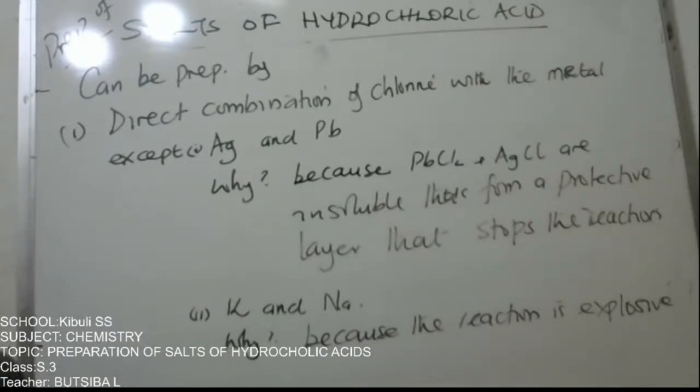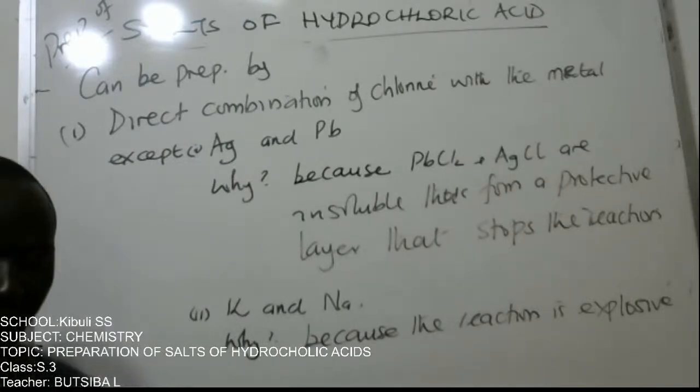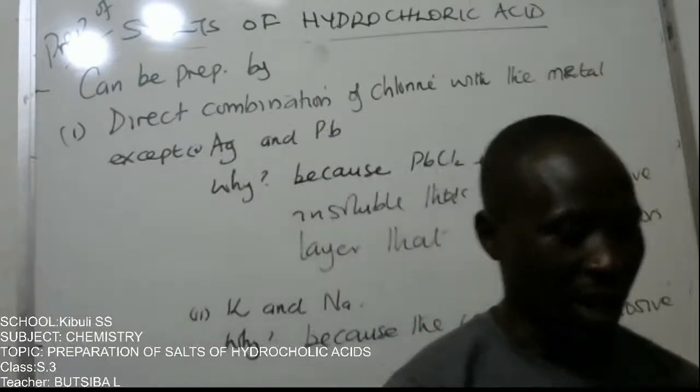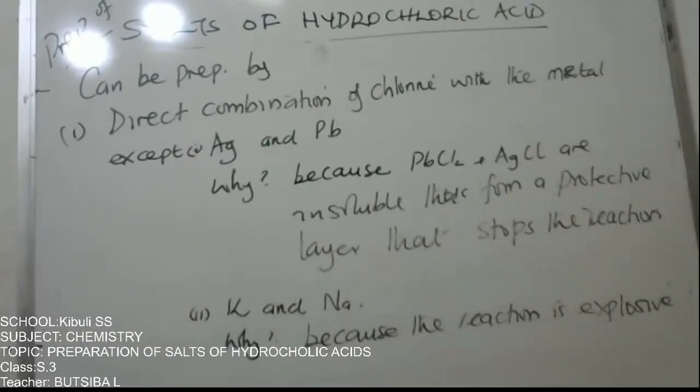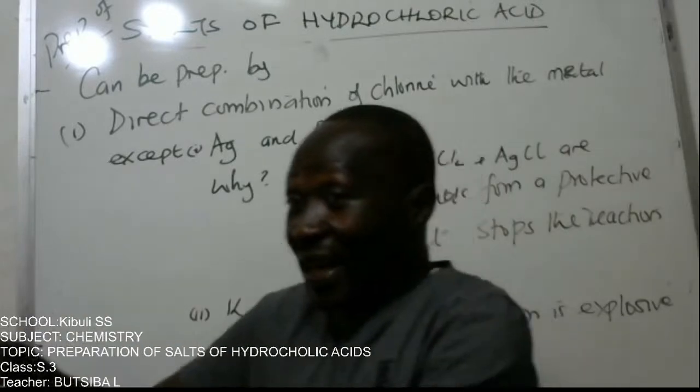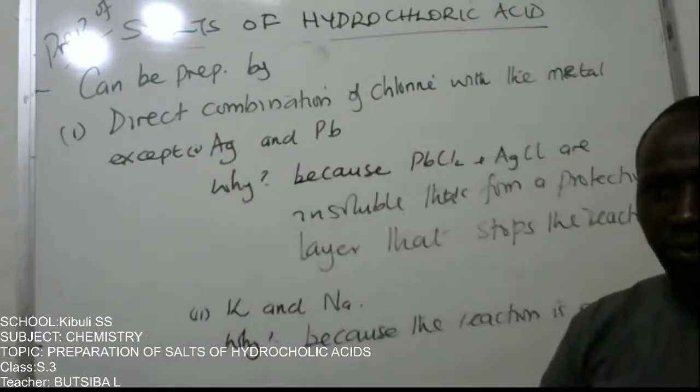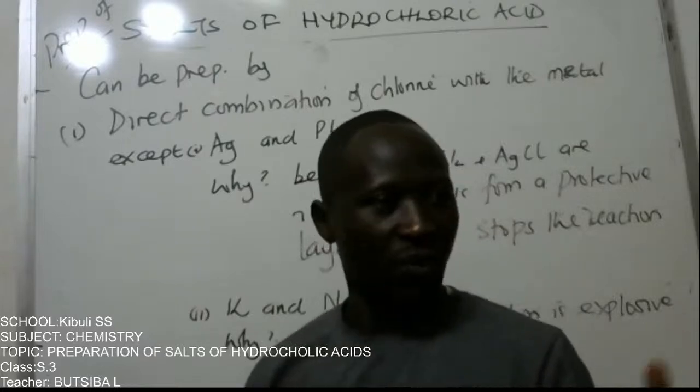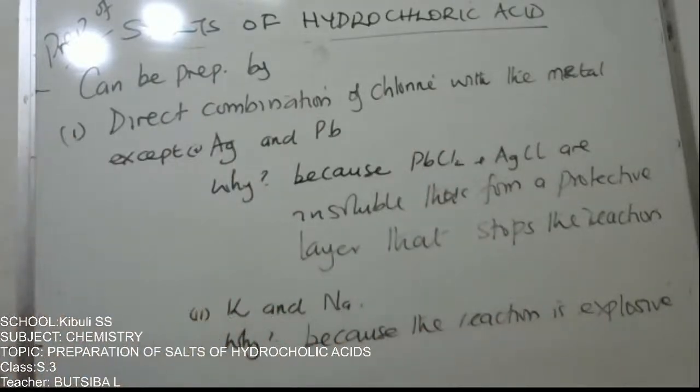So who are the people who are left to react in the reactivity series? We shall now have calcium, magnesium, zinc, iron, but we form iron 3, not iron 2. We can think of copper, you can think of barium. So this is possible. But now, can we identify the conditions required for this reaction to take place?